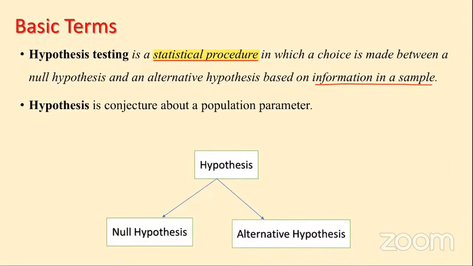Those are the steps that we'll be following. So hypothesis testing is the statistical procedure, and after we perform the procedure, the choice is made between null and alternative hypothesis.